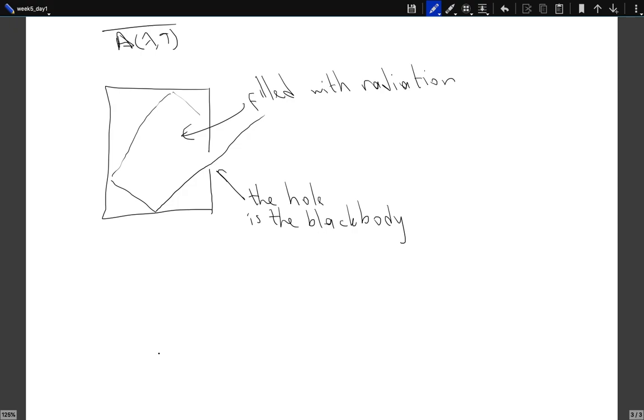The idea is you basically count, first, in how many different ways this electromagnetic radiation in the cavity can vibrate within a given frequency range.